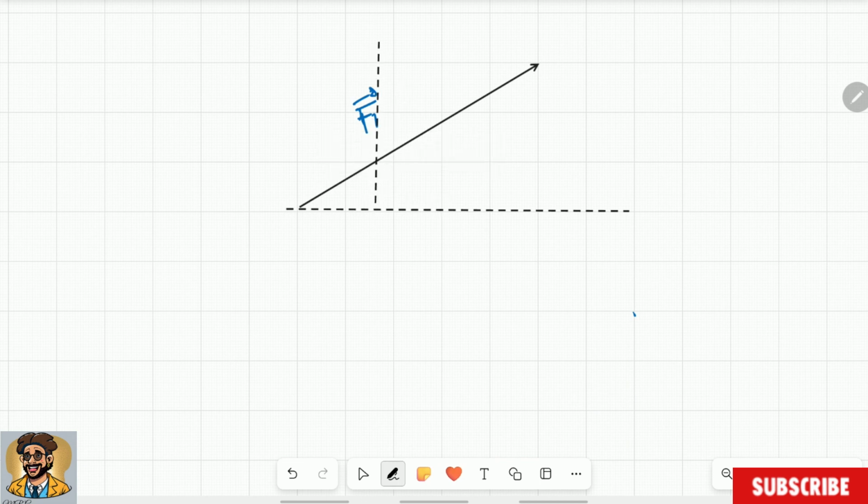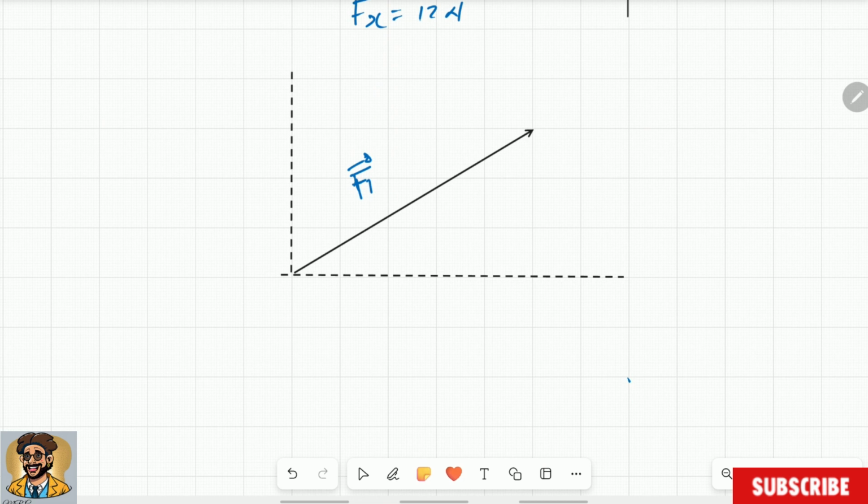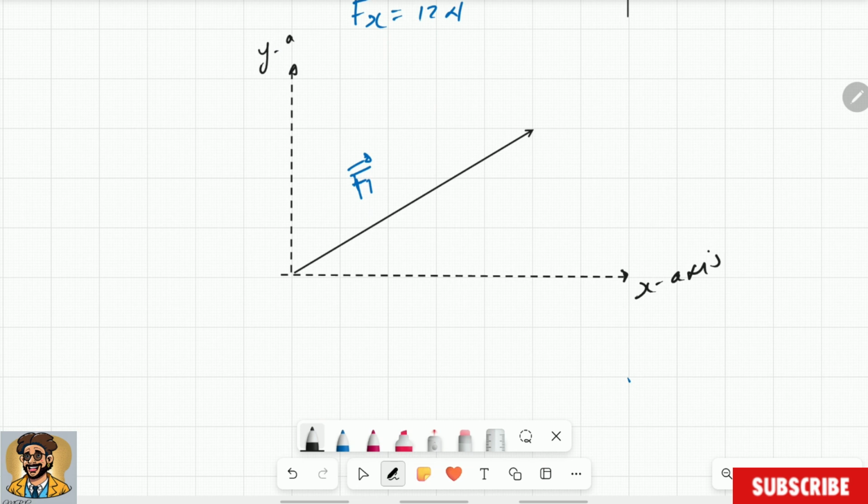It must be perpendicular. There we go. Let me move it here and make it exactly perpendicular. Can you see that? This one here is the x-axis, and this one here is the y-axis. That force F1 is on none of the axes.